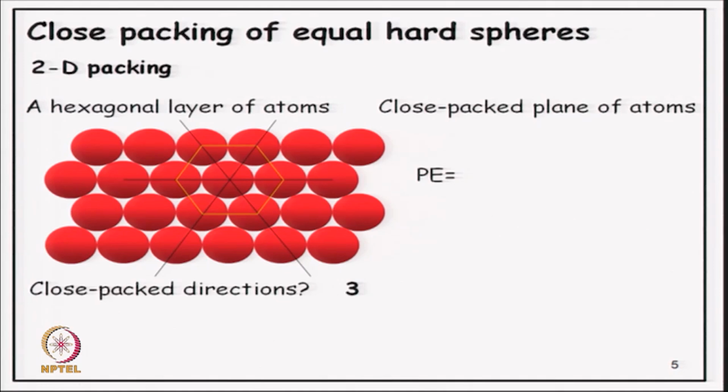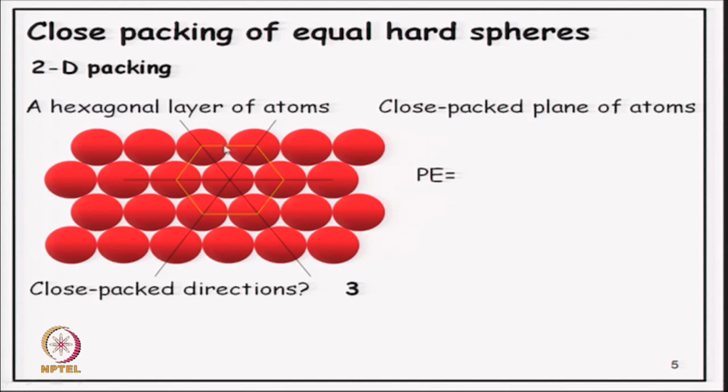So, in this hexagon, it is easy to compute the packing efficiency by first counting the number of spheres which belong to the hexagon. You can see that one sphere is totally included in the hexagon and the corner spheres, each of them contribute 1/3 because of the 120-degree angle of the hexagon.